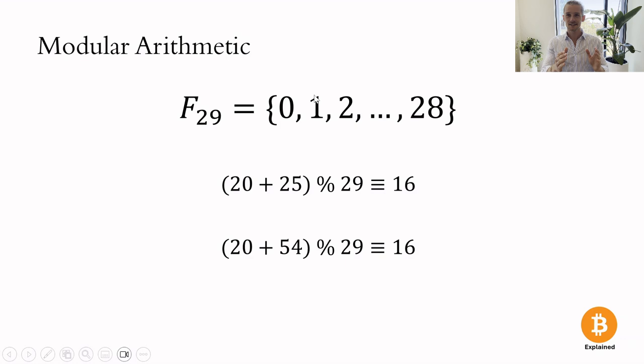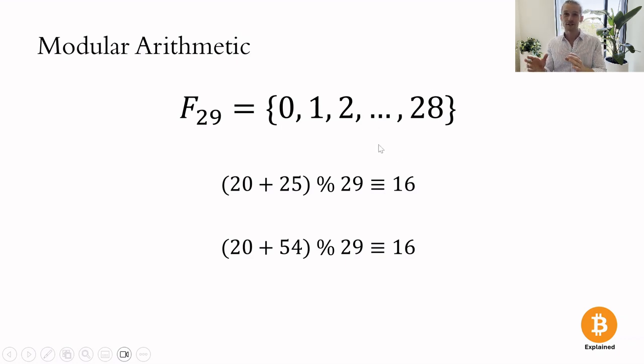But what that does is it slices all of the integers that are a result of addition, multiplication, or other operations that is higher than 28. It slices that into one of the slices of this finite field, which are just 29 different slices or elements, 0 to 28.